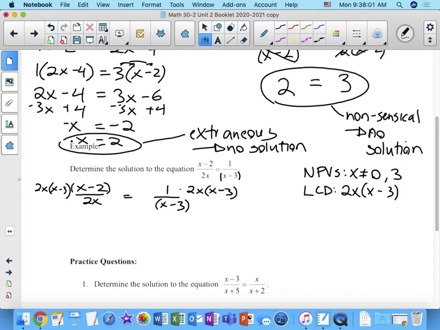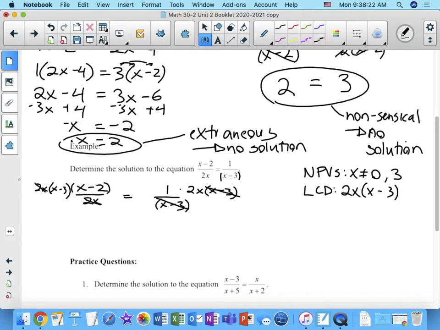Okay, and then stuff cancels. So my 2x's cancel on the left. And on the right, my x minus 3's cancel. And with this one, if you wanted to cross multiply, you could too, because you have the fraction equals the fraction.